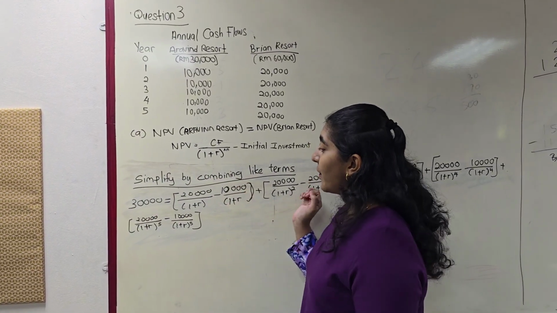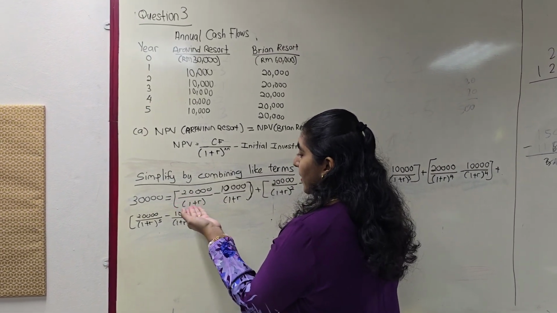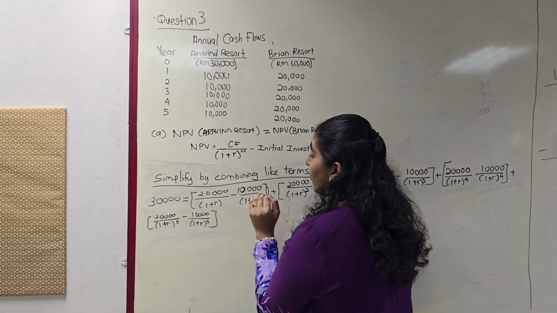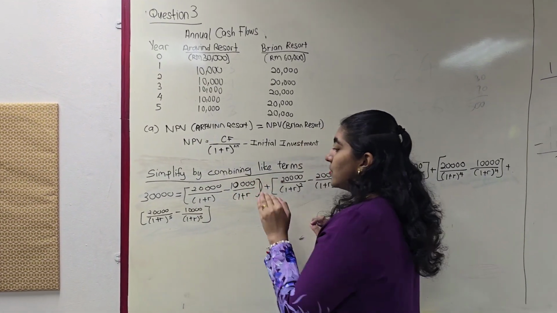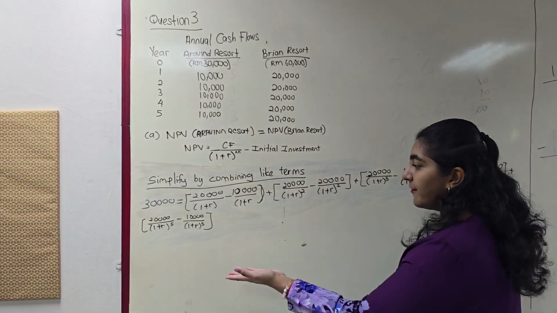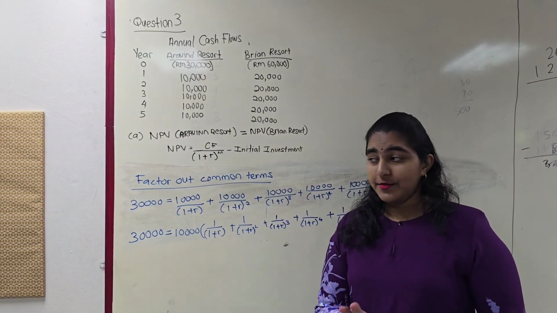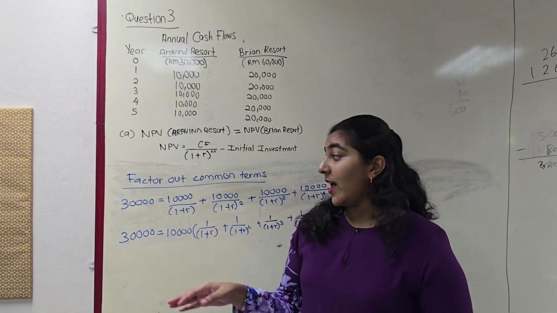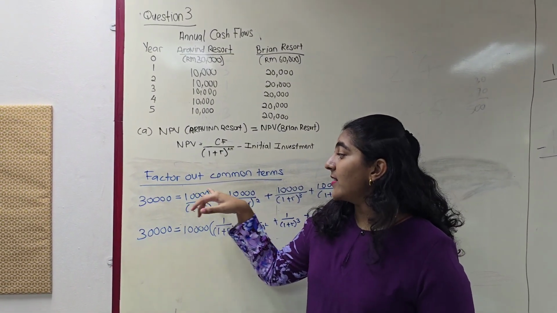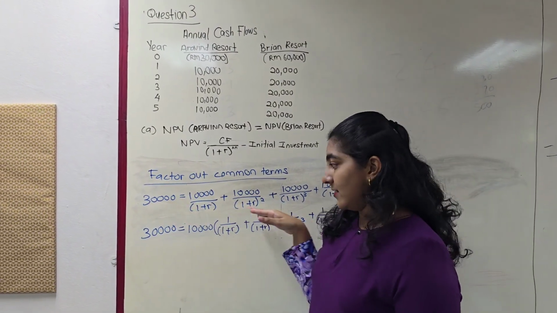Now find the same terms: 20,000 divided by 1 plus R for year 1 minus 10,000 divided by 1 plus R for year 1, and likewise for years 2 to 5. When you simplify, 20,000 minus 10,000 gives 10,000 for each of the 5 years.